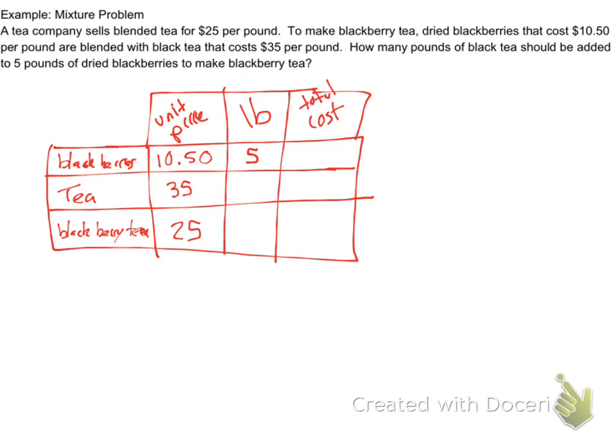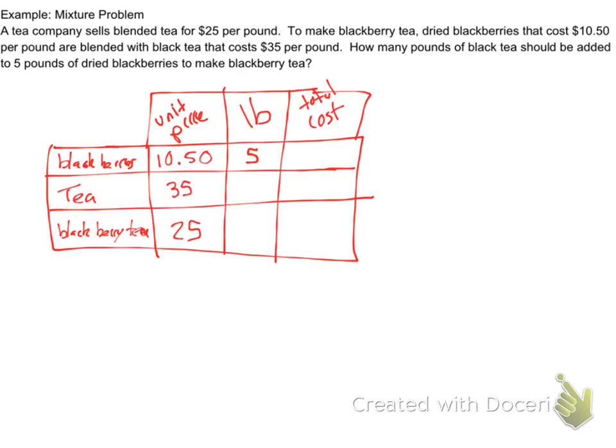So wait a minute. Just looking at the blackberries there. If blackberries cost $10.50 a pound and I use 5 pounds, how much money do I spend on blackberries? Fritz? How much? I don't think it's $70. That's a little too much. $50.